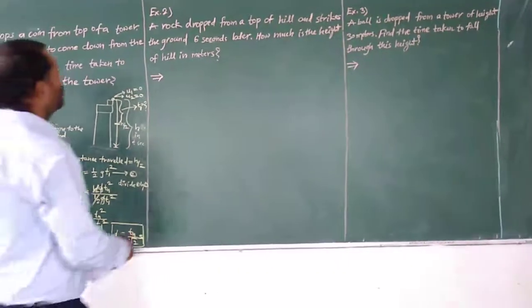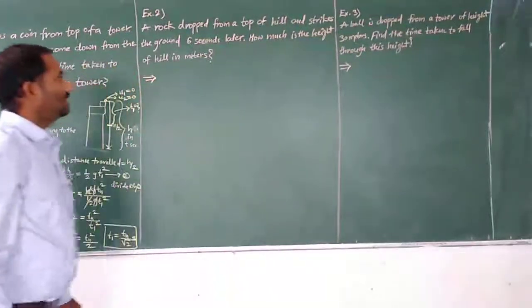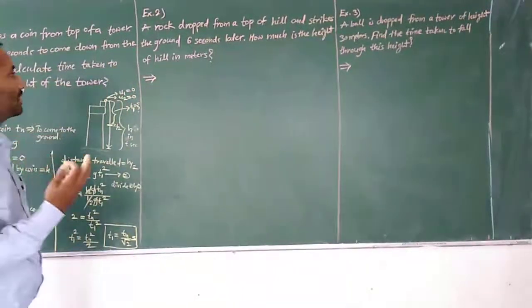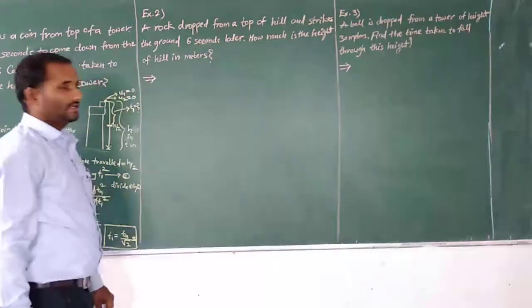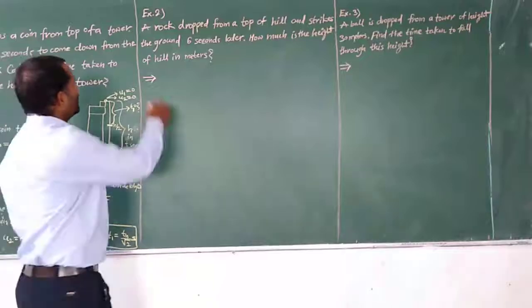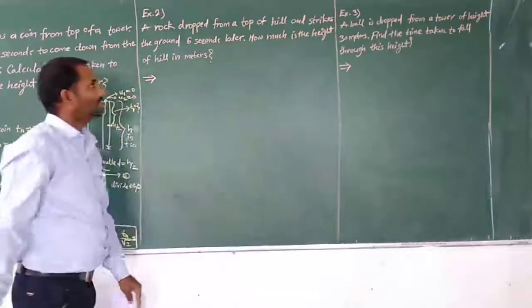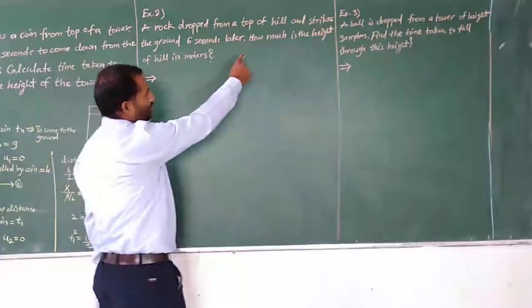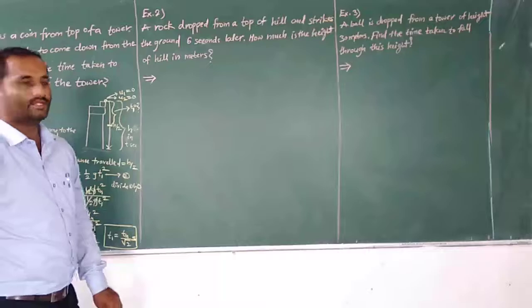A rock dropped from the top of a hill strikes the ground 6 seconds later. Then what we have to find? How much is the height of the hill in meters?